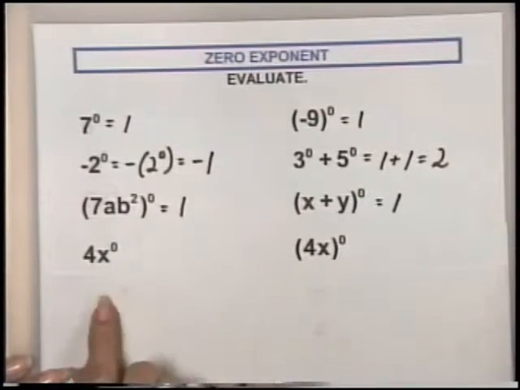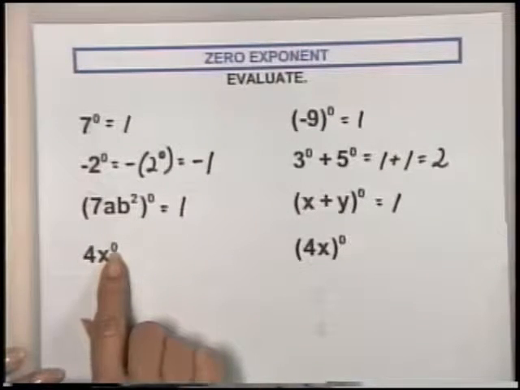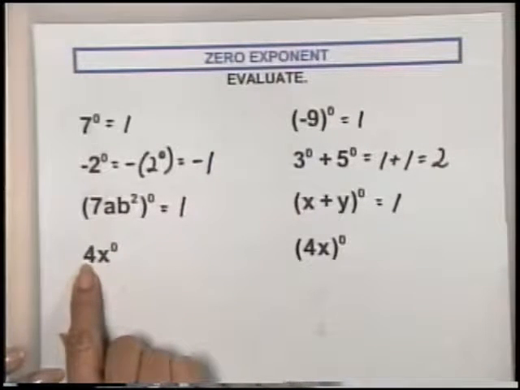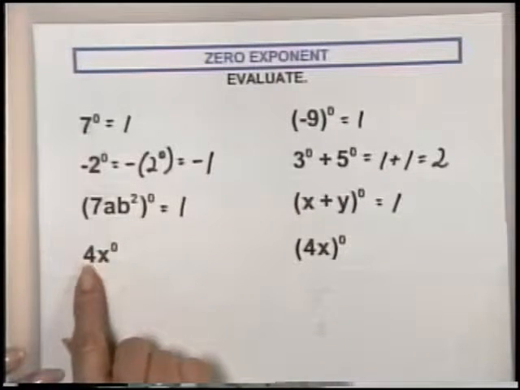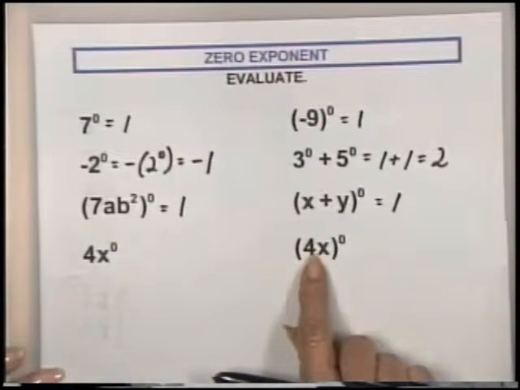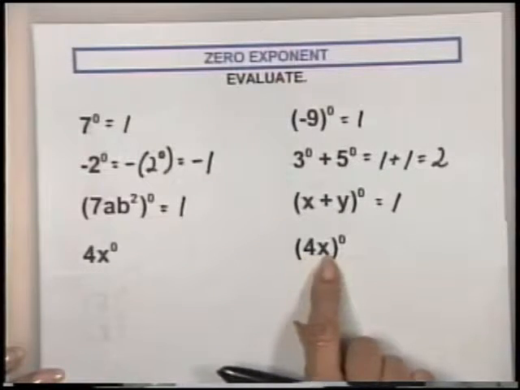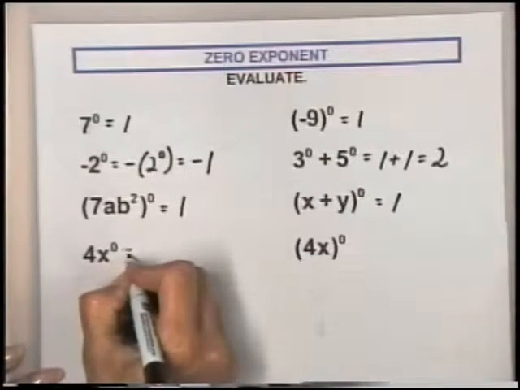Now, let's look at these two problems. The question is, does the 0 apply to the 4? The answer is no. If the 0 is an exponent for the 4, I have to write the 4 and the x in parentheses.